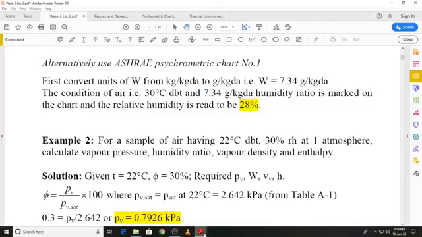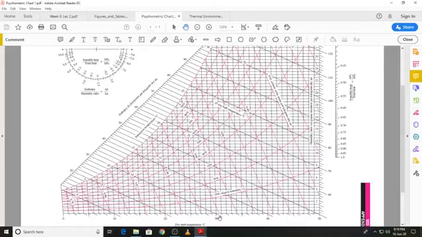And now let's look at the psychrometric chart. We will first locate a humidity ratio of 7.34 on the vertical scale.